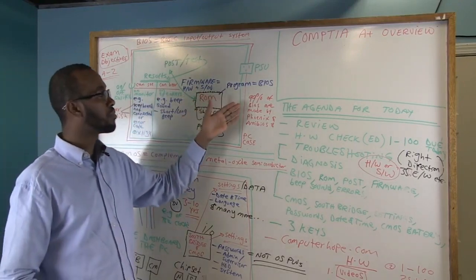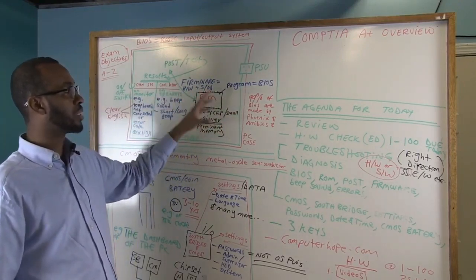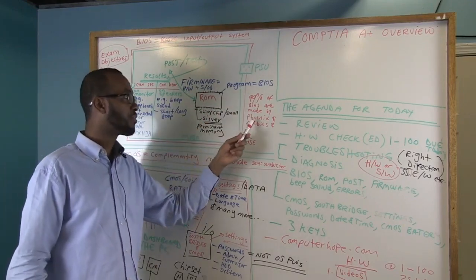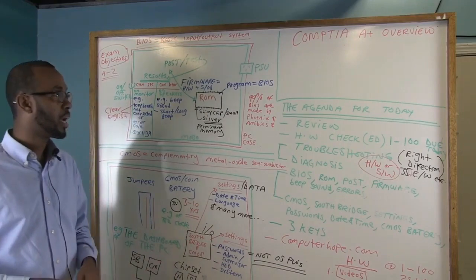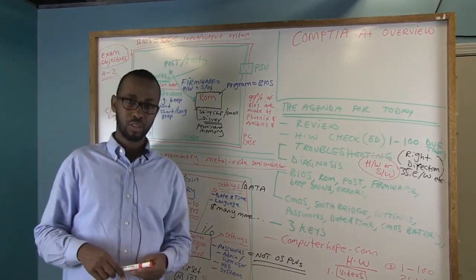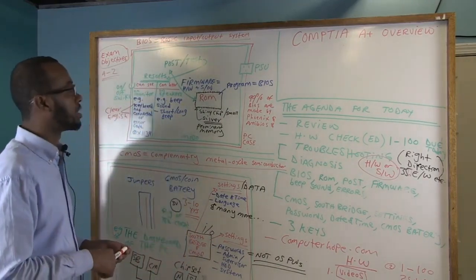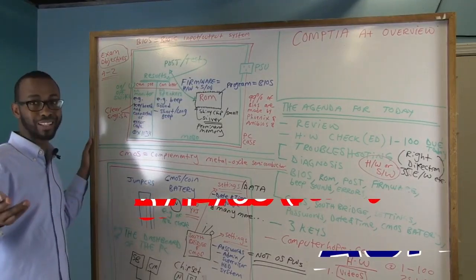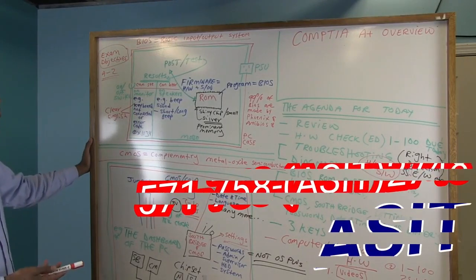The 2 major companies, there are more than 2, but the 2 major companies that make 99% of BIOS are Phoenix and AMI, or American Megatrends. There are other companies. Some companies nowadays make their own BIOS, like Dell and so on.